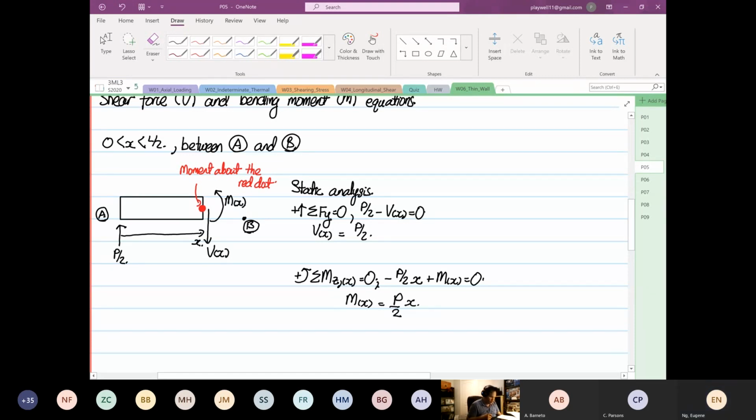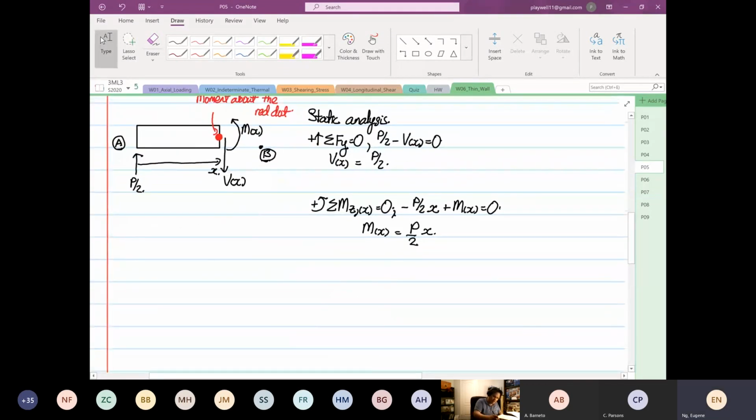Now I'm going to briefly sketch our shear force. This is known as our shear force equation, and this over here is our bending moment equation.